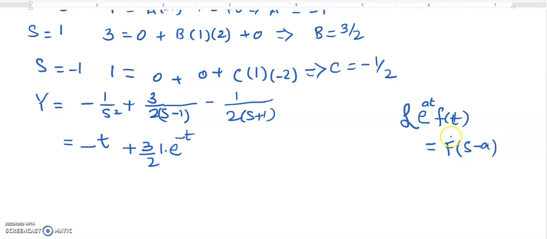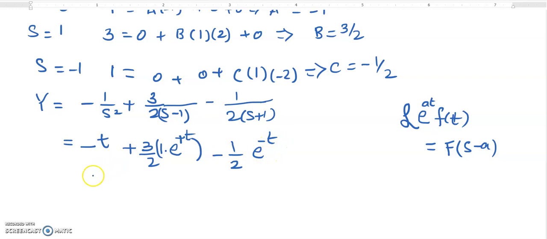So if this is minus 1 over here, it should be e power plus a, opposite sign, so it should be e power t. And similarly for 1 by 2, it will be e power minus t.